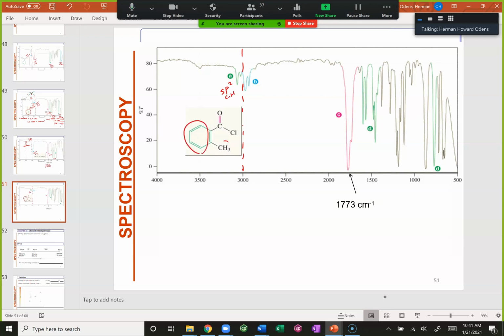You have sp3 CH character. You have a carbonyl group. You have a little overtone. You see that? So this number times 2. This is your carbonyl. You have a benzene ring. And here's your CH bend, and we finish.